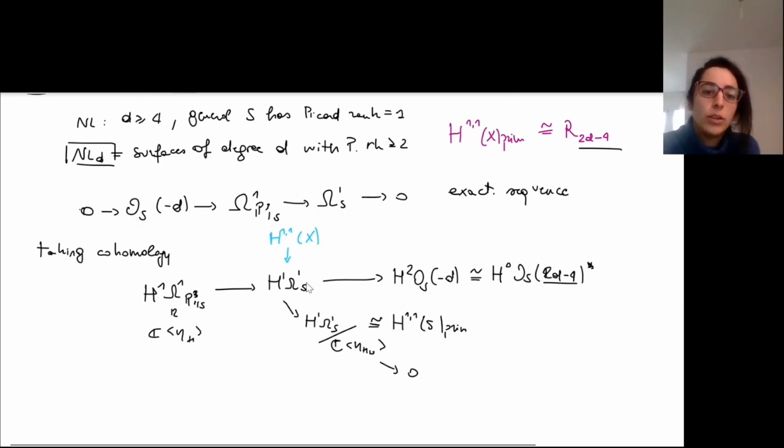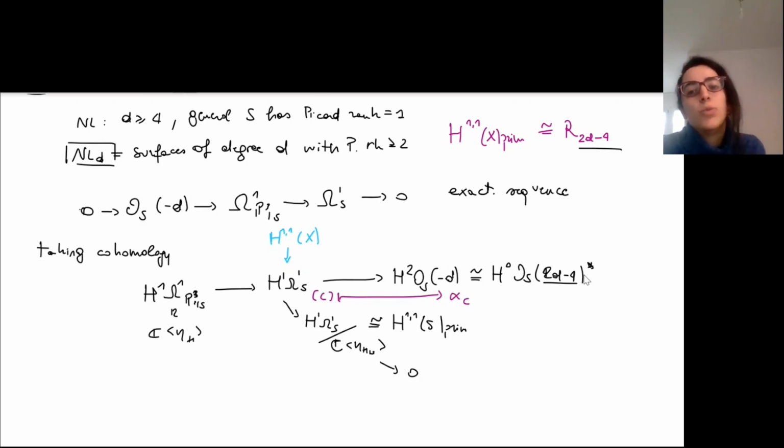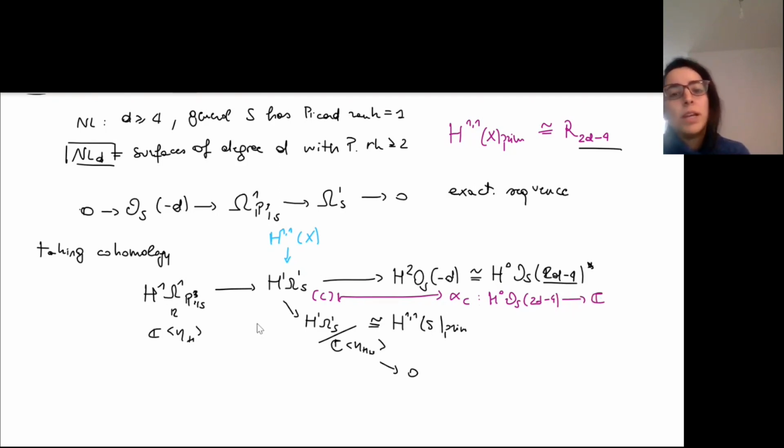And here we can consider a class, or here if you want, already in the quotient, we consider a class of curves that are algebraic, and we associate to it an alpha C in the dual. The dual means that it is a linear form from H0 of OS to 2D minus 4 to C, because it's in the dual, so it is a linear form.